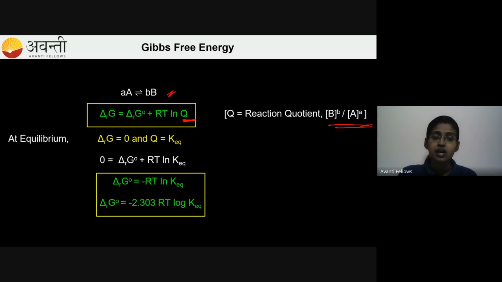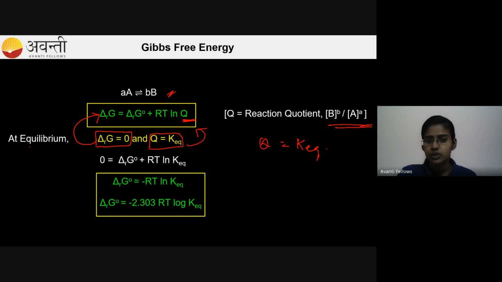Now, at equilibrium, the delta G value will be equal to 0. And at equilibrium, the reaction quotient will be equal to the equilibrium constant K eq. If I substitute these two in this equation, I will get 0 in place of delta G R, which is equal to delta G R naught plus RT ln K eq.